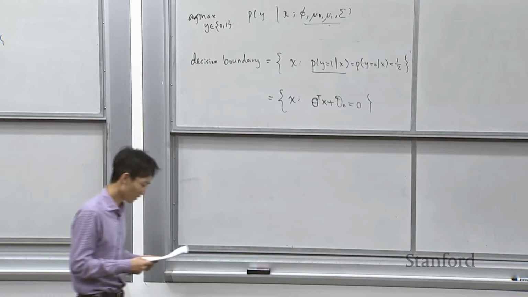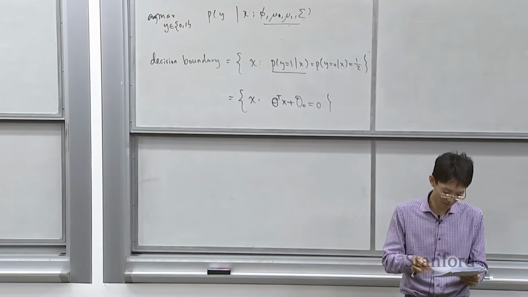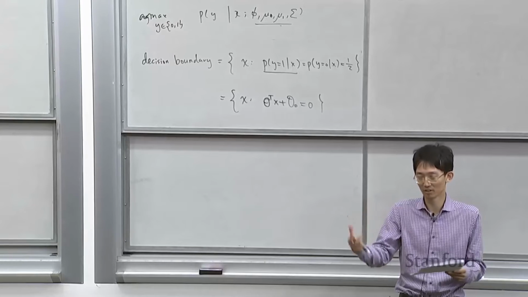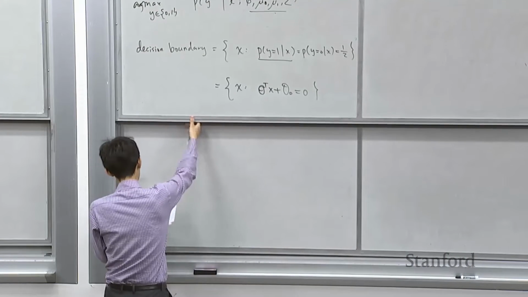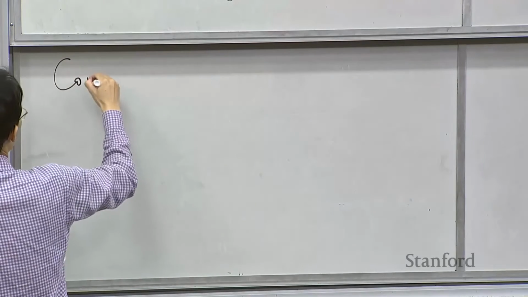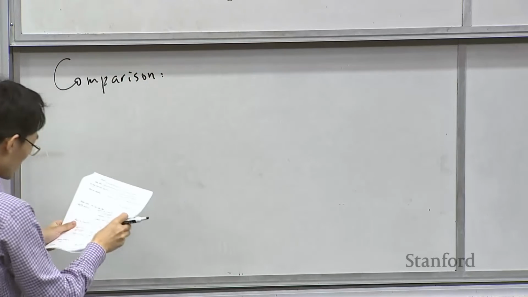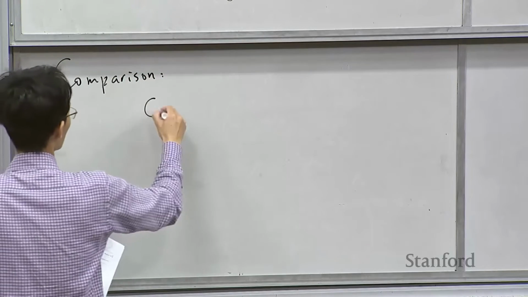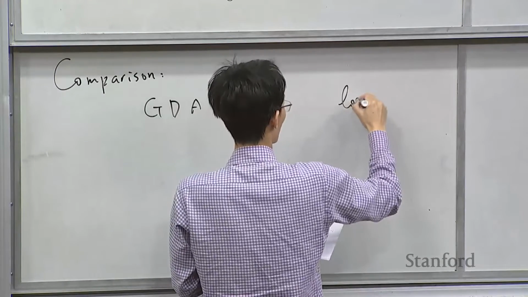So why is this different from the so-called discriminative methods that Chris talked about? Here is the way I think about this. Suppose you have GDA on the left and logistic regression on the right.